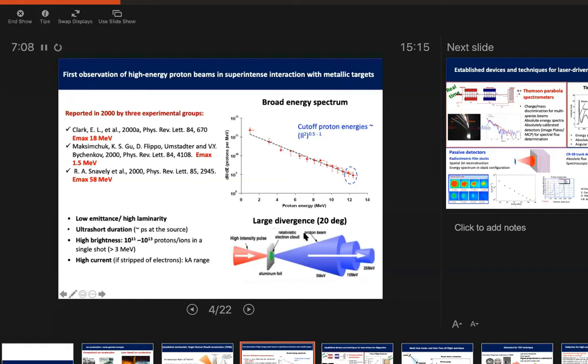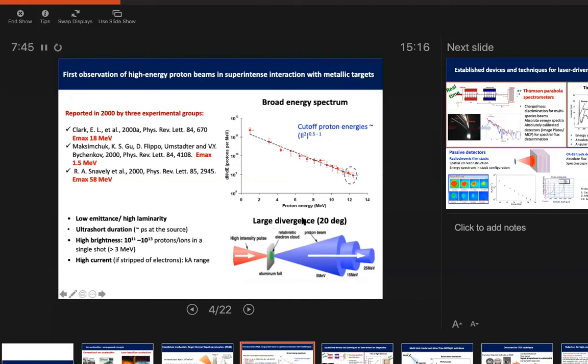But for this talk, the most important characteristic of these beams is their intensity. In fact, in contrast to the conventional beam, we can get in a single interaction a very high number of protons, of the order of 10 to the 10, 12 protons in a very short pulse duration, which means that we have a very high dose rate and current beam.